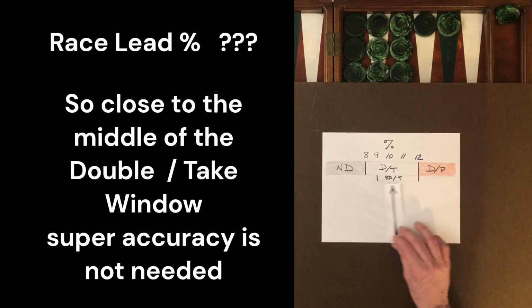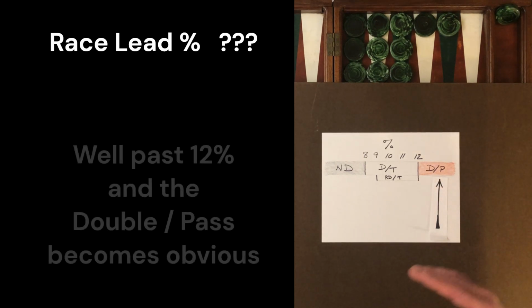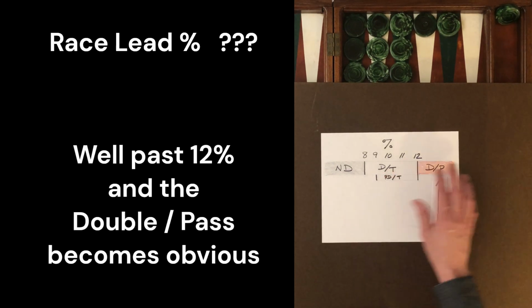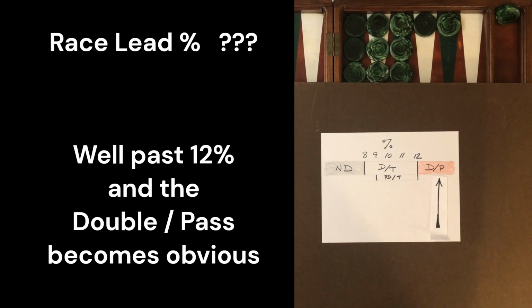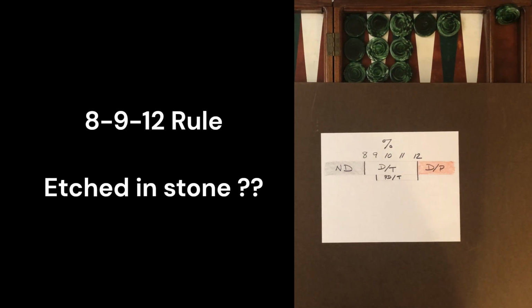And once we get past 13, 14, 15%, we can see that it's an easy double, and if the cube is being thrown at us, we have a very easy pass. Once our estimate shows us we're well beyond that threshold, that estimate's good enough to make a decision. And I'm going to show you one more position to talk about how accurate the 8-9-12 rule is.